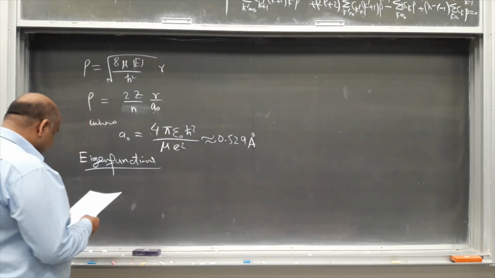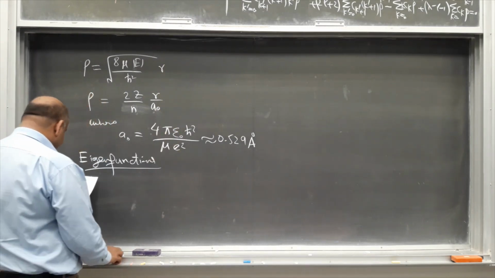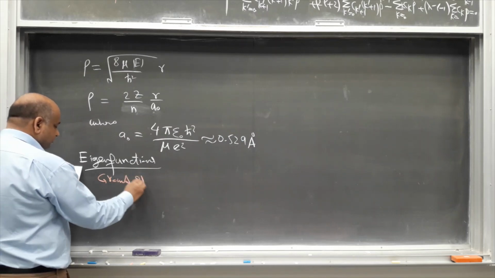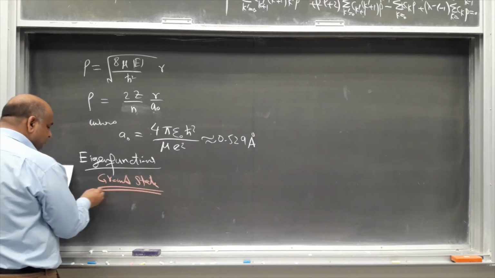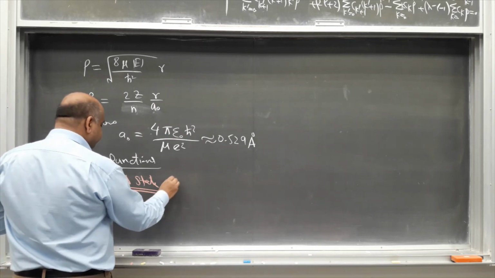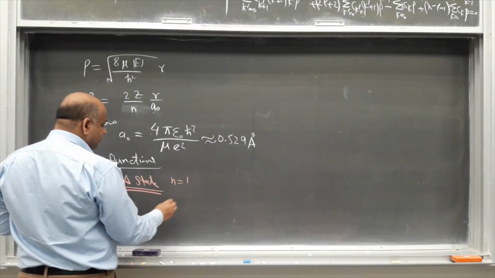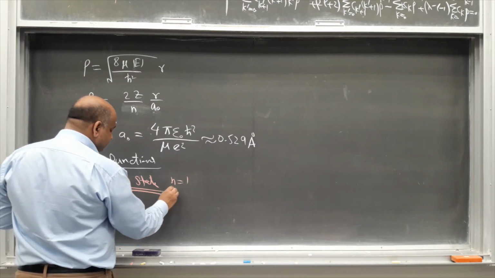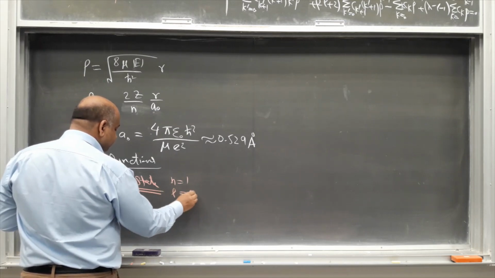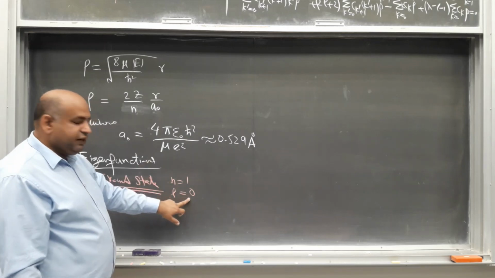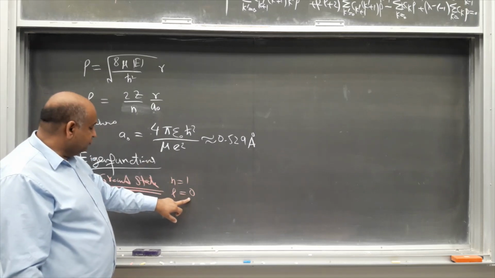Okay, so the first example is the most common one. This is the ground state. So for ground state, we have n equal to 1, which is the lowest value of n. And when n is 1, since L is always less than or equal to n minus 1, there's only one possibility for L, that L is equal to 0.